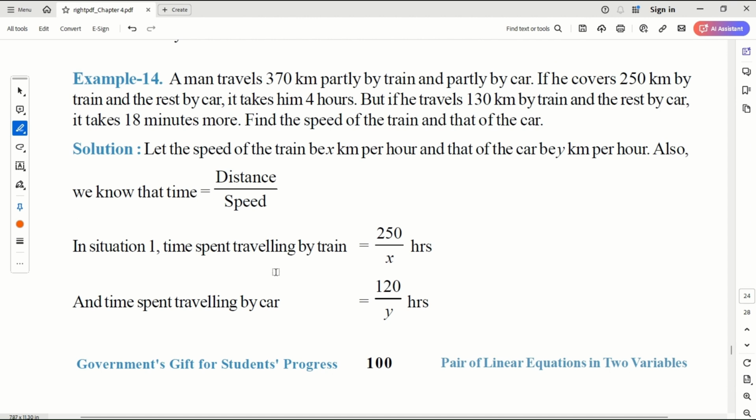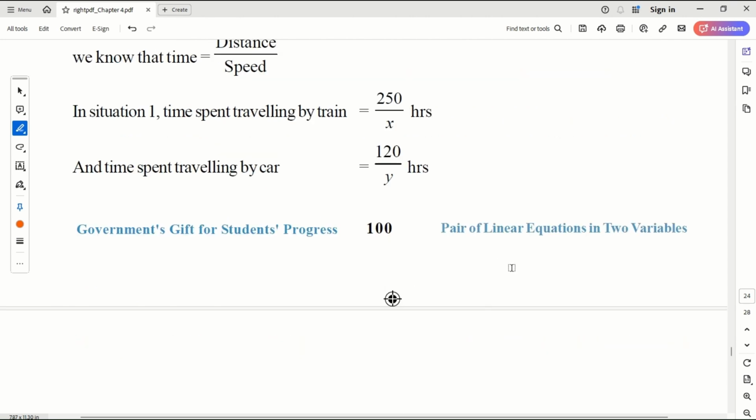In the first situation, he traveled 250 kilometers by train, so 250 by speed is the time. Time taken by train is 250 by x, and time spent by car is 120 by y.